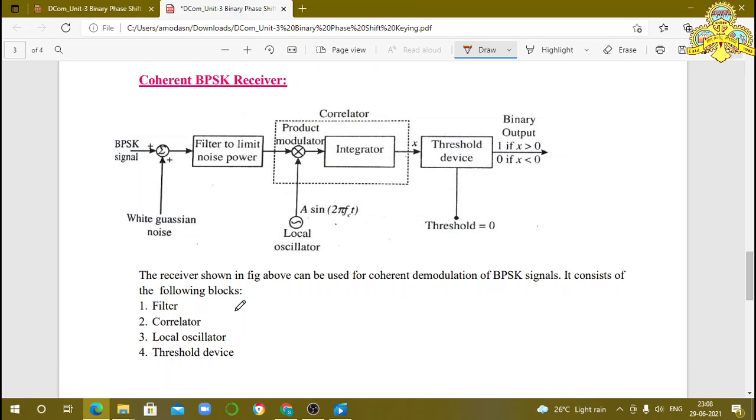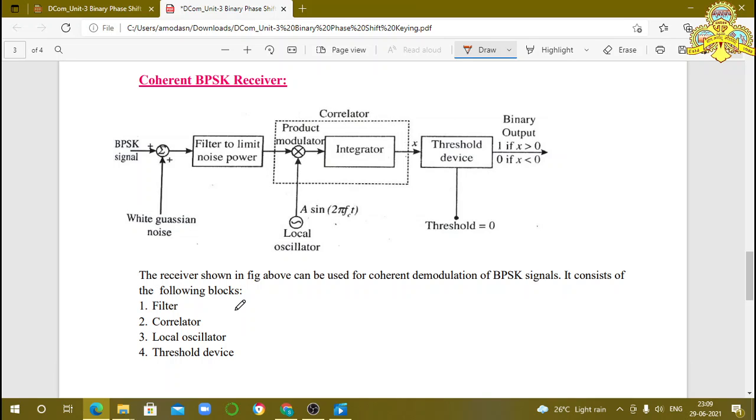To have that phase shift, we need a correlator circuit, product modulator and integrator circuit. But in an envelope detector, it is not possible to have that exact phase relationship because there we use a rectifier circuit and low pass filter circuit. So in BPSK, we can use only the coherent receiver circuit.